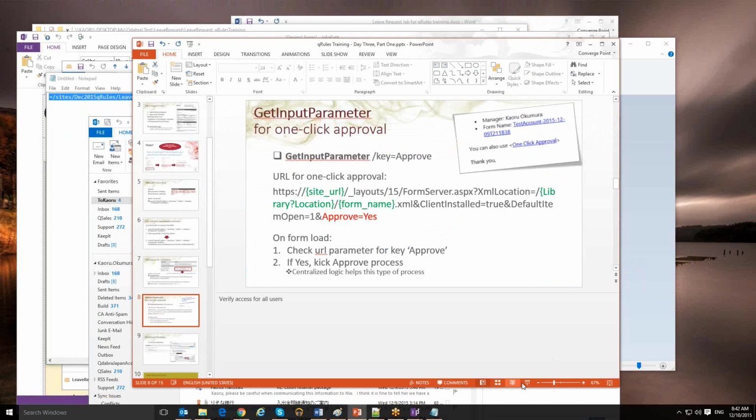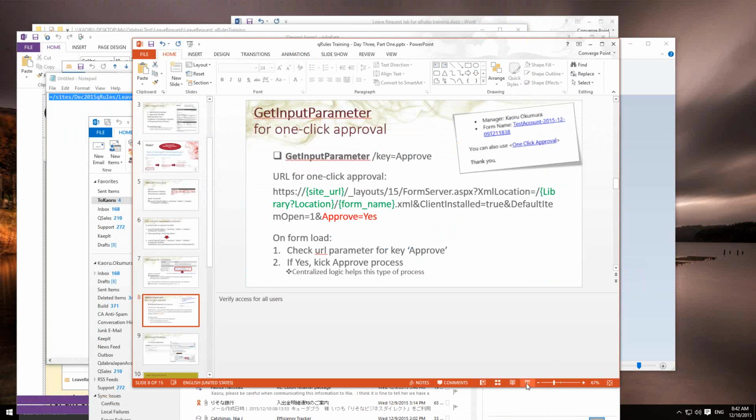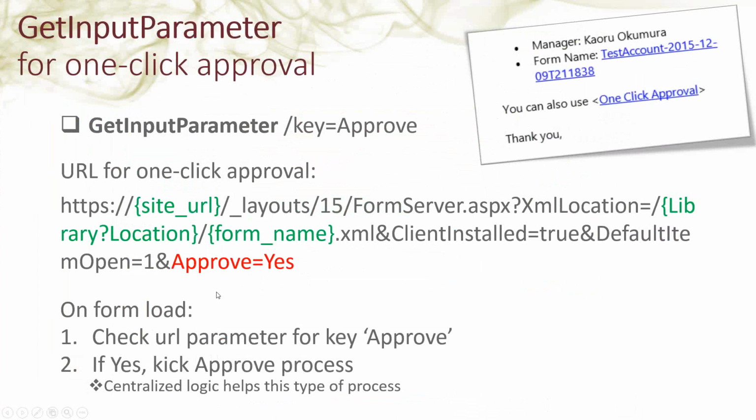And here, what I prepared is an additional parameter for the link of the form. So this is the link to the form, and I added another parameter, for example, approve is yes.